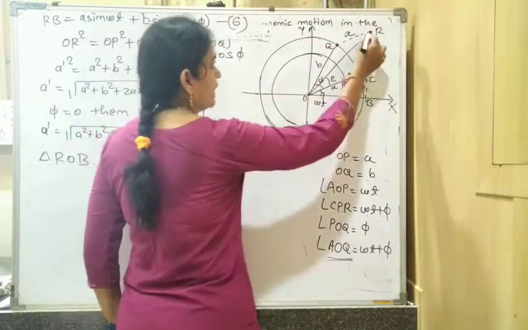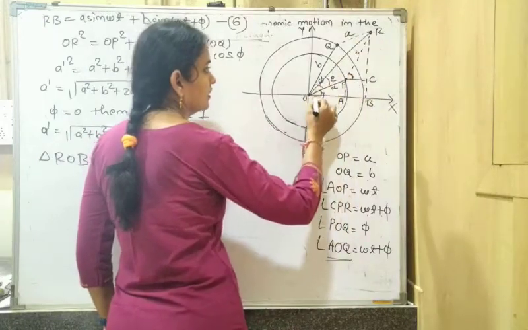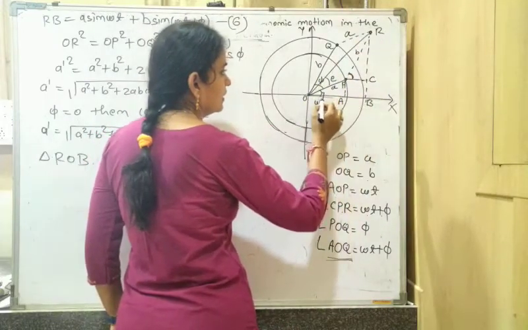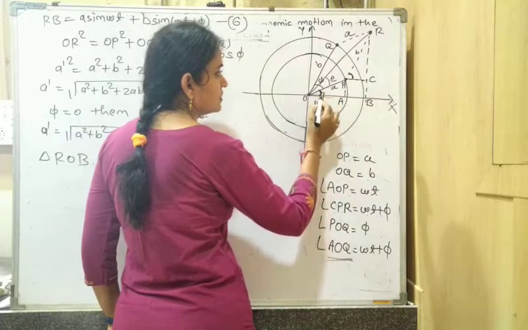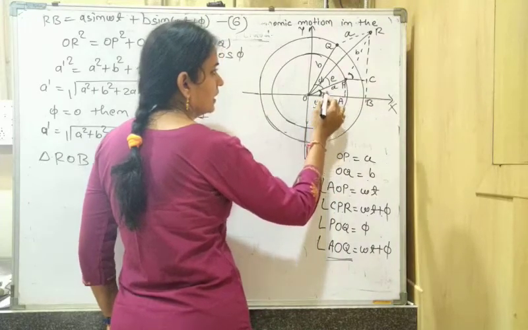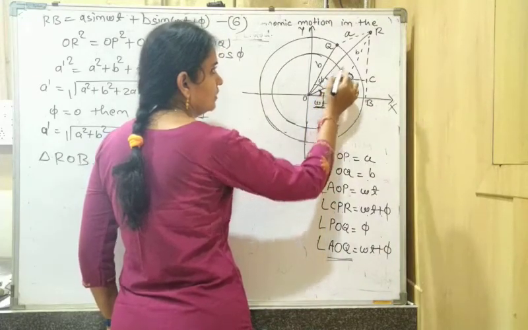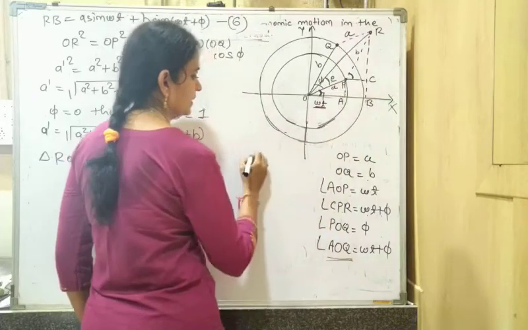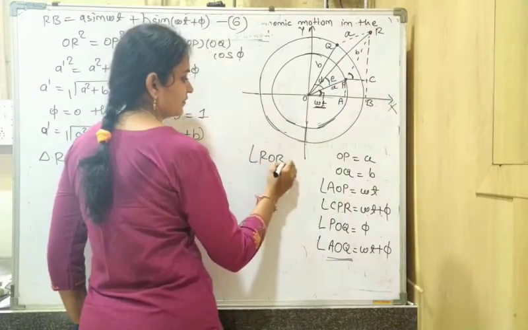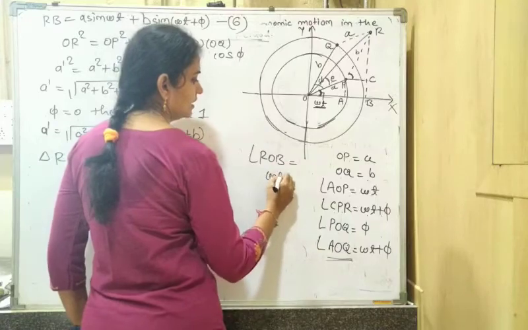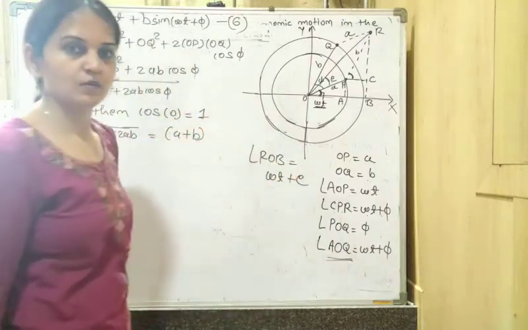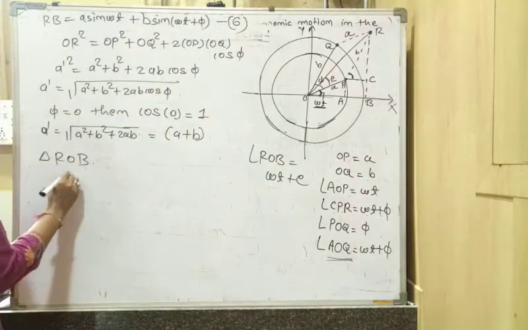In triangle ROB, this angle is omega t and this angle is E. Then the total theta of ROB is omega t plus E.